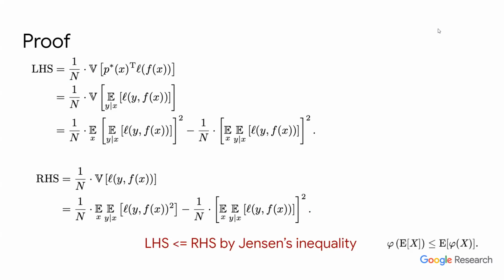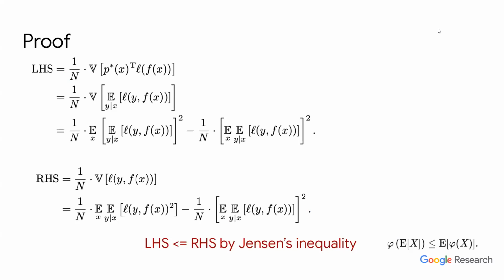Variance is basically the expectation of the square minus the square of the expectation. So this is how you can derive the expectation. On the right-hand side, you just compute the variance of this one, so you have the square inside, and it is like the same thing.